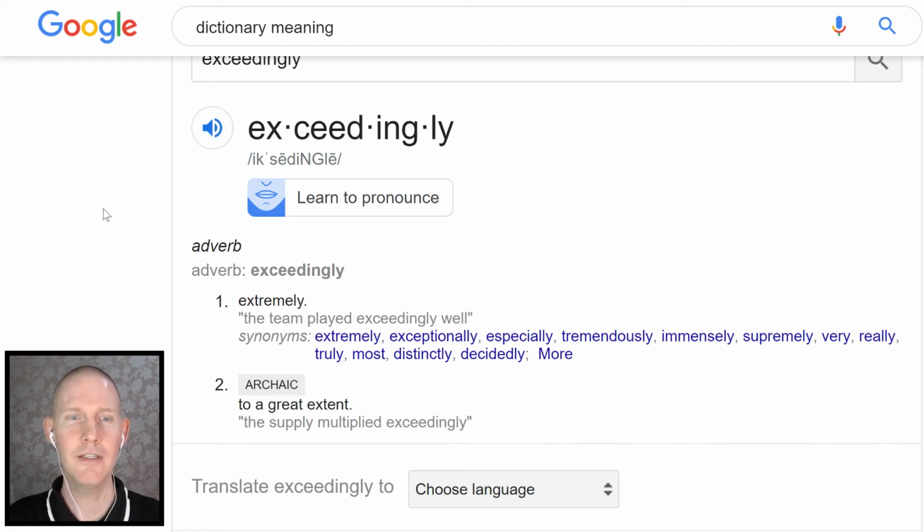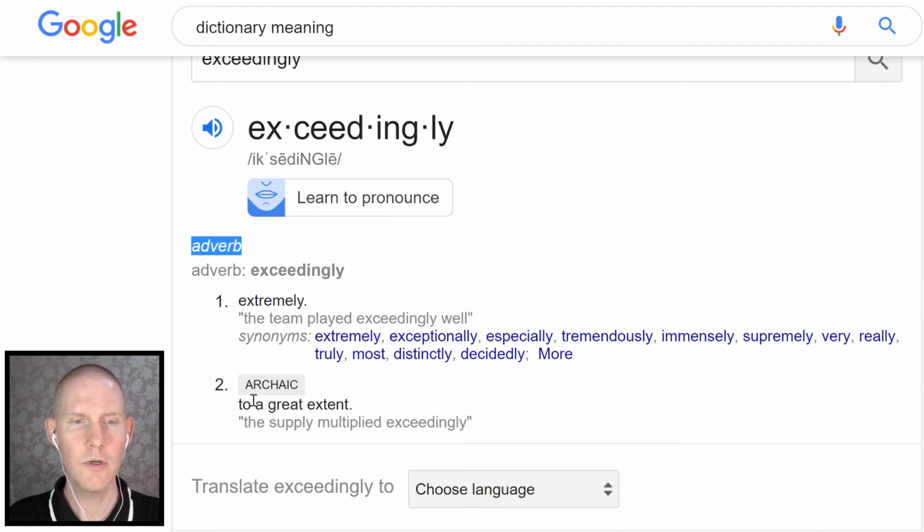Exceedingly, right. Okay, so the first definition is extremely, like very, really. So synonyms: extremely, exceptionally, especially, tremendously, immensely, supremely, very, really, right. So if you notice, most of these end in ly, and adverbs often end in ly. And they describe a verb or an adjective, right?